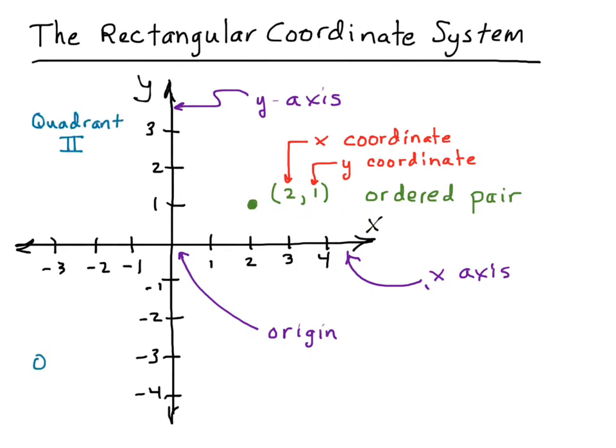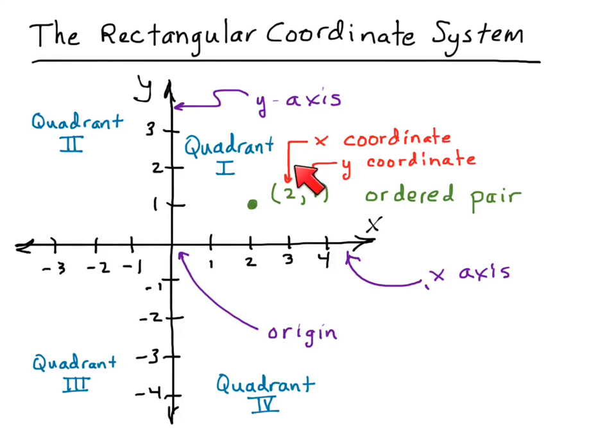Now, just a matter of terminology too, we call the different quadrants on this graph quadrant 1, 2, 3, and 4, and we start with where they're both positive, and then we go around counterclockwise. So when we're talking about quadrant 2, we're always talking about this upper left-hand quadrant.